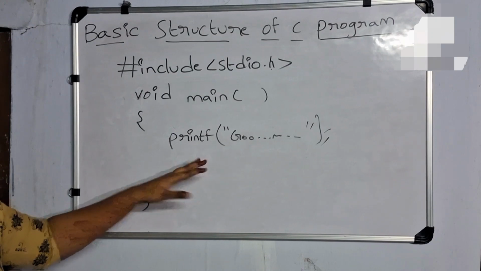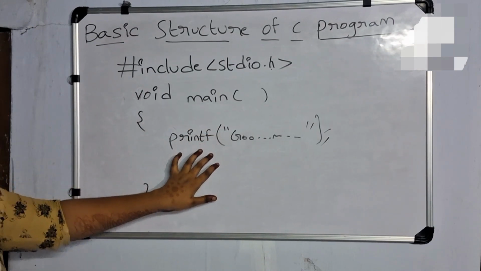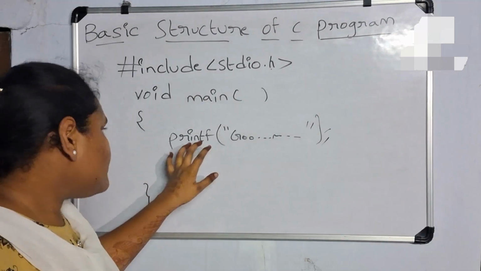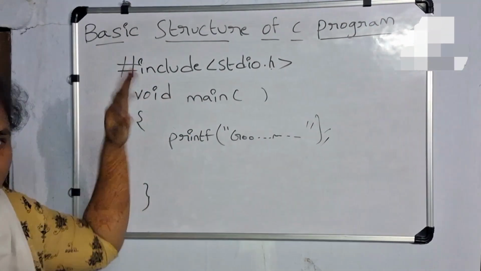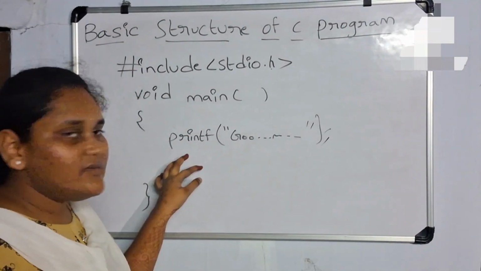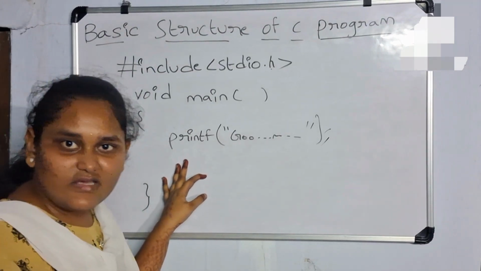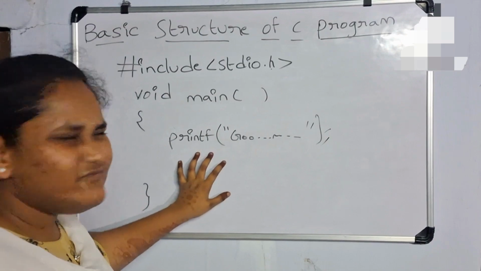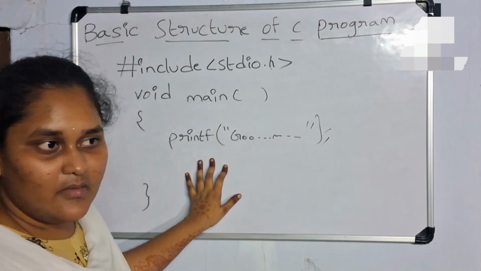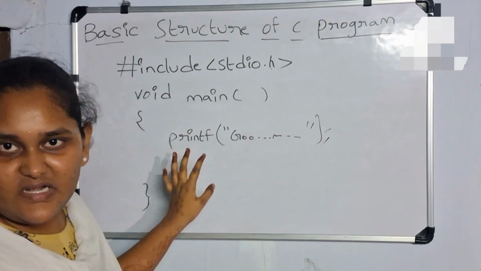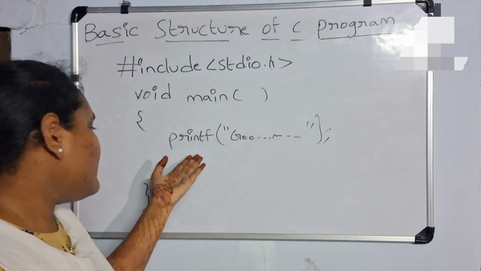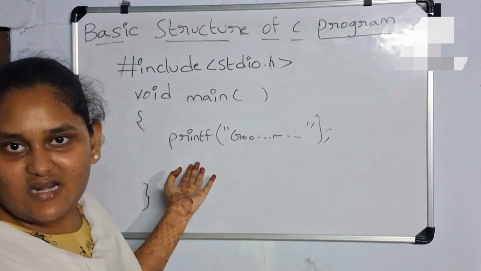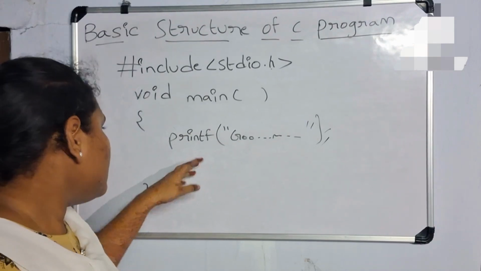To get information of this printf function, which is an inbuilt function, and others, we'll see many inbuilt functions in our upcoming videos. For now, as I said, in every program we'll use the printf function. This is like ABCD for English. How common are alphabets for the English language.